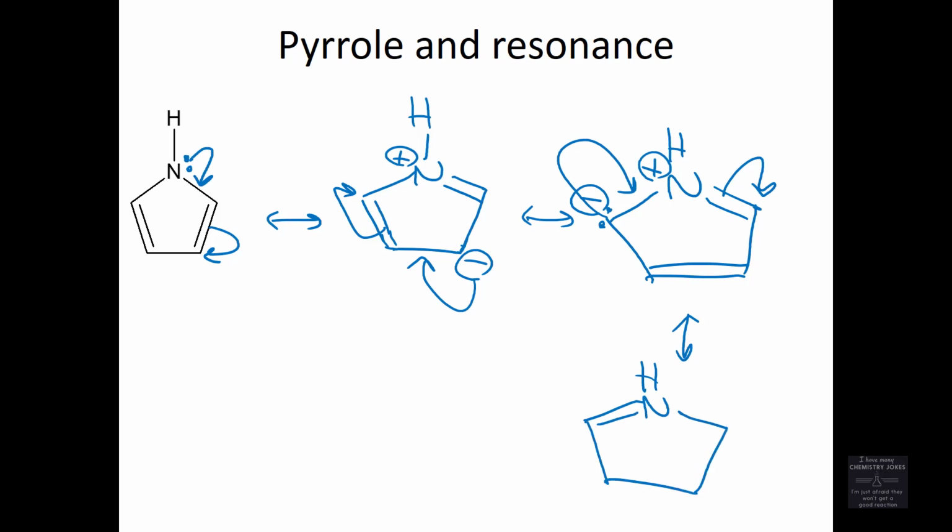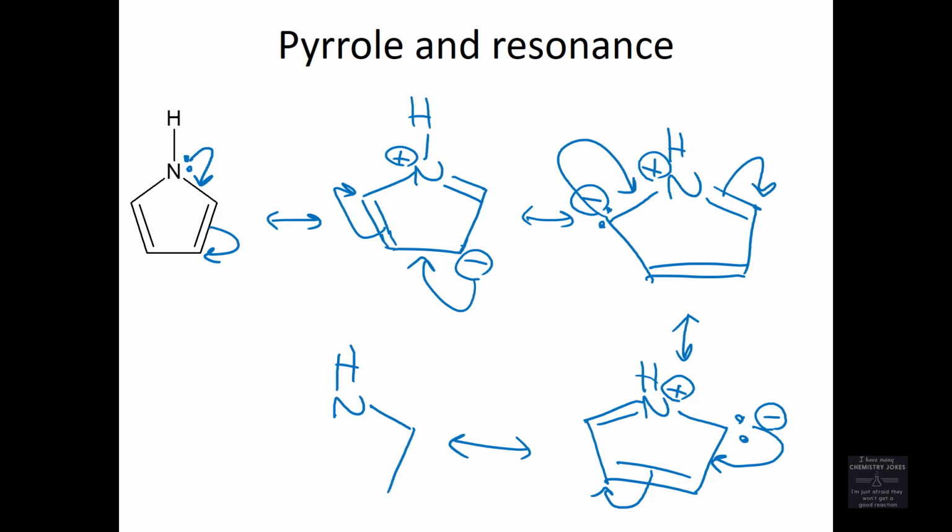So if you remember from the worksheet we did before, you can draw resonance of benzene and benzene derivatives in order to help you determine whether they are electron-rich or electron-poor. And all of this resonance is going to help me decide if pyrrole is electron-rich or electron-poor.